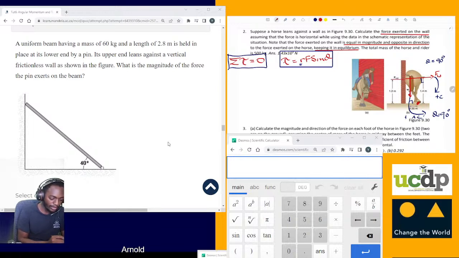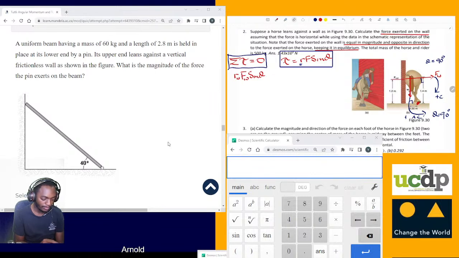Okay, so let's sum the moments. That is going to be F, the force that we're looking for, times its distance, r F, times sine theta. Oh, I should change something there.